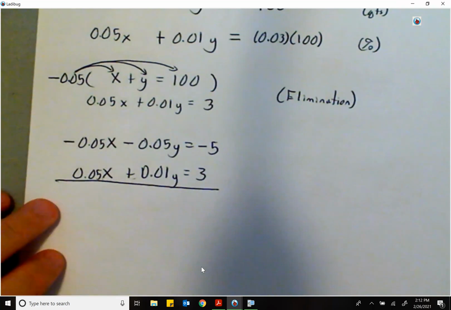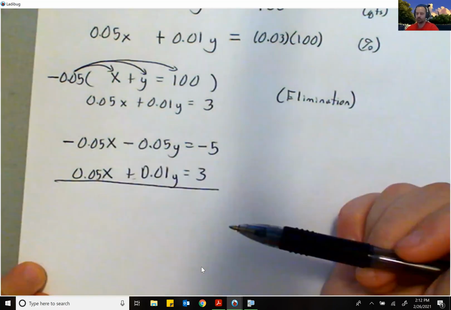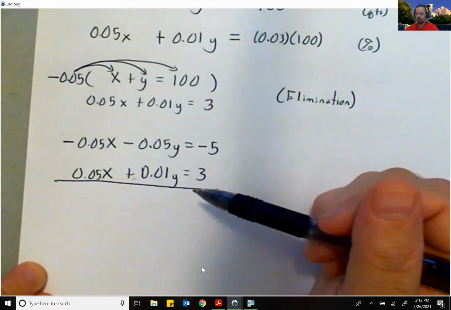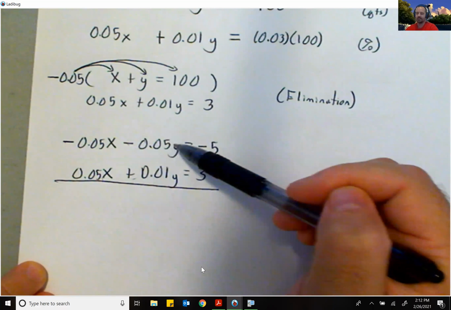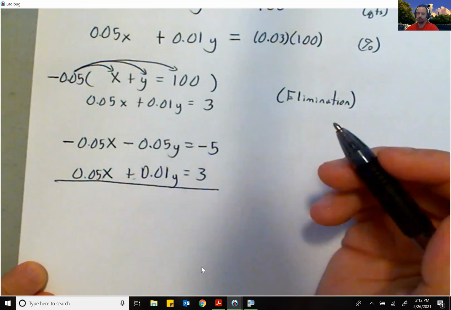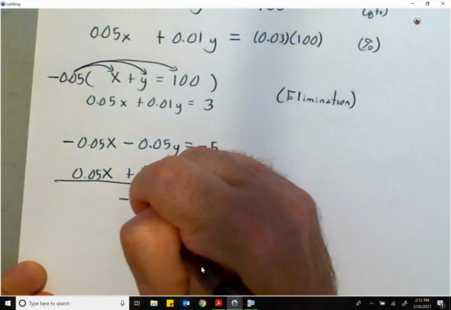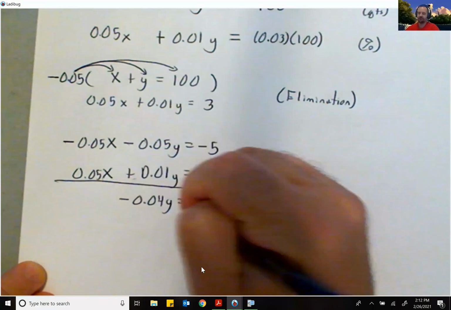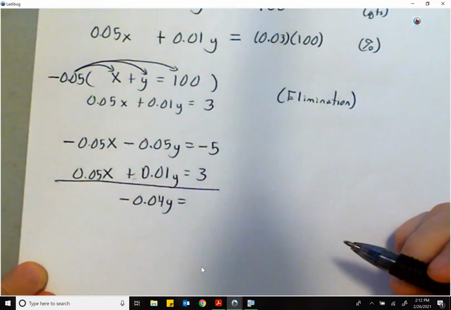Eliminate. We add down. So the x's go away. Your plan worked. If I take negative 0.05y plus 0.01y, what do we get? Negative 0.04. And negative 5 plus 3? Negative 2.